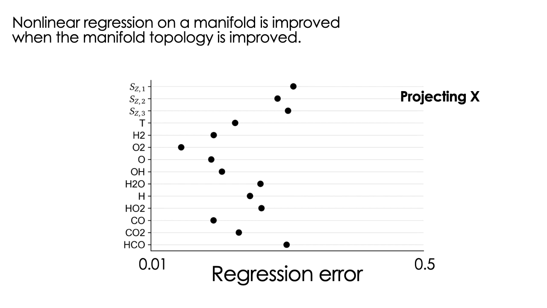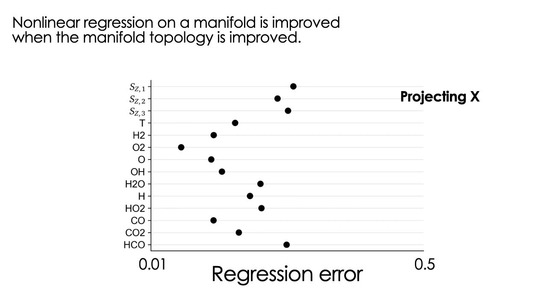And you can see that the highest errors happened for these three source terms, which are highly nonlinear functions of the state variables.